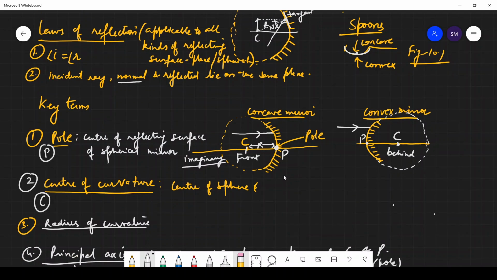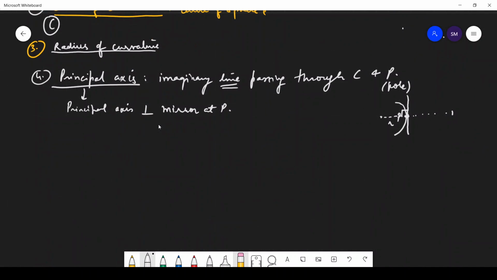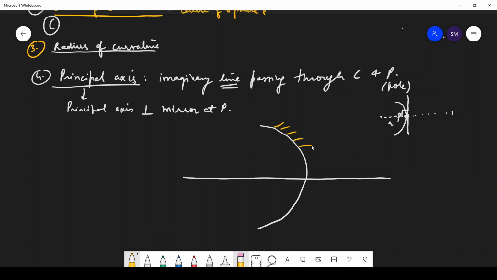Let me draw this diagram again. Very important concept. So that's your concave mirror, and I have an object over here.